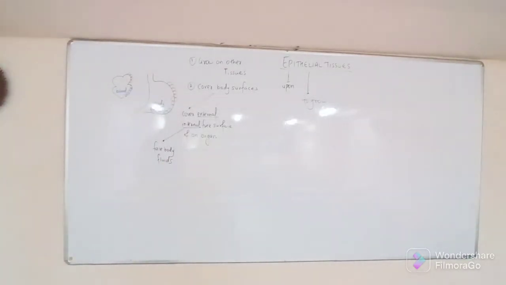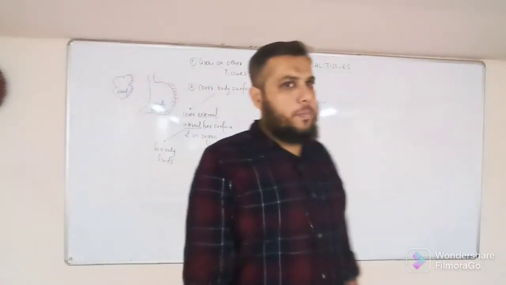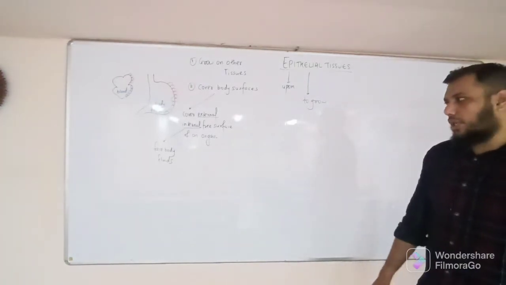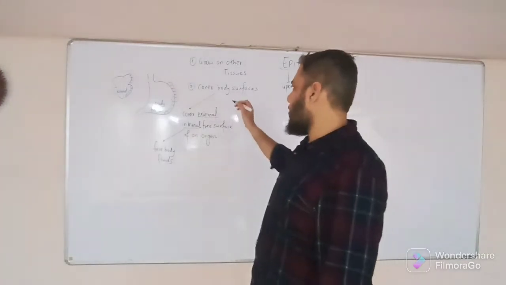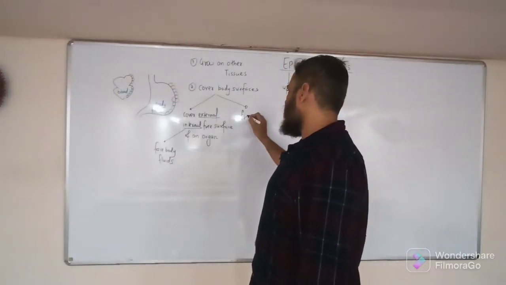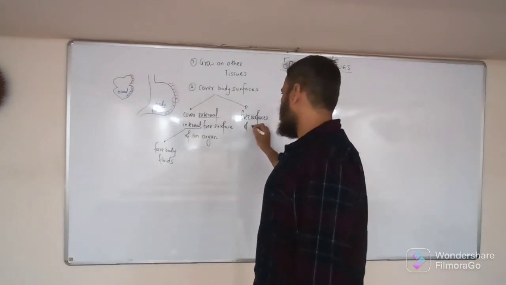Okay, right? I hope you followed this, everybody. So epithelial tissues grow on other tissues. They cover the external and the internal free surface of an organ, as well as they cover the free surfaces of an organism.